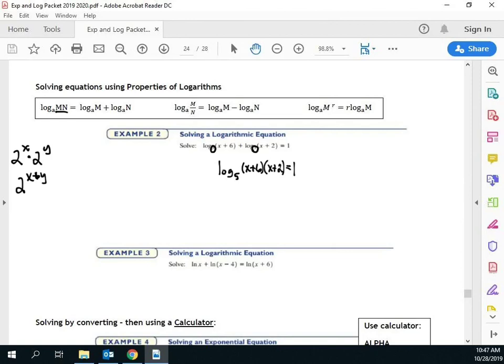All right? And so from here, again, it's set up to where your argument has the variable, which means we've got to do what, guys? Yes. Fish hook it out. 5 raised to the first power is equal to x plus 6, x plus 2.